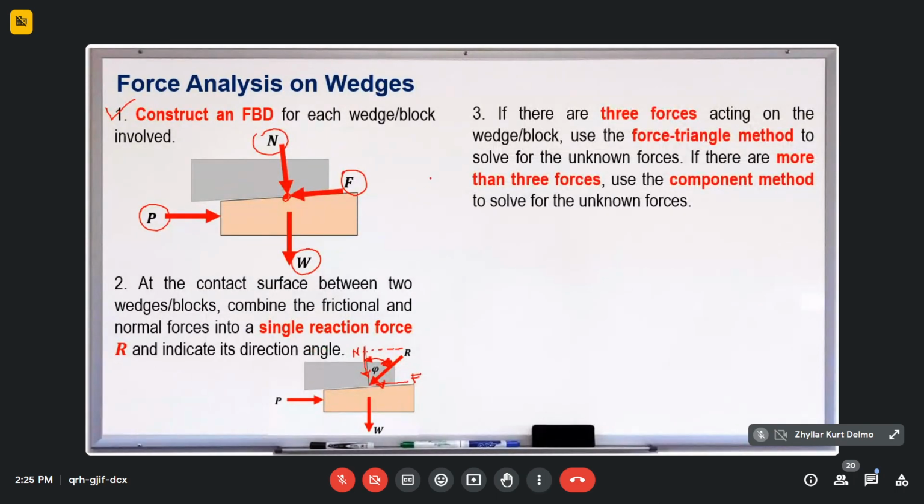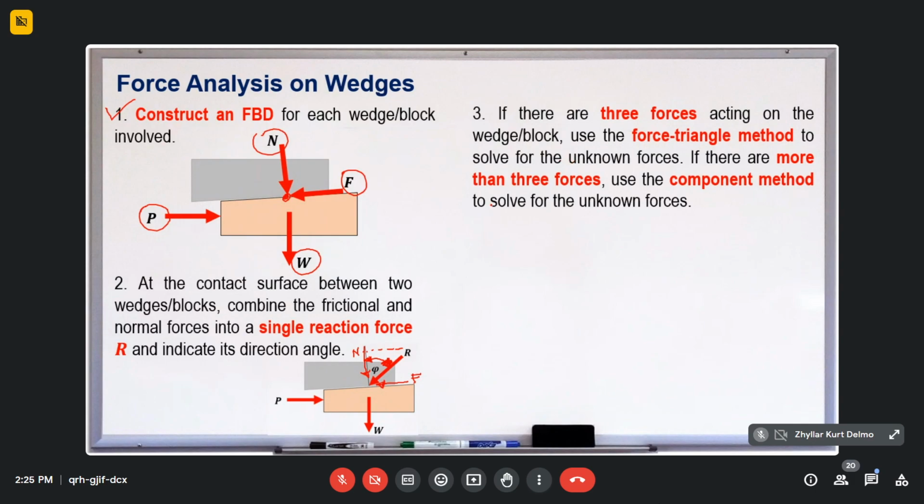Okay, third. Once the FBD is complete and you have combined the normal and frictional forces, the next step is, if there are three forces acting on the wedge or the block, you are going to use the force triangle method to solve for the unknown forces.